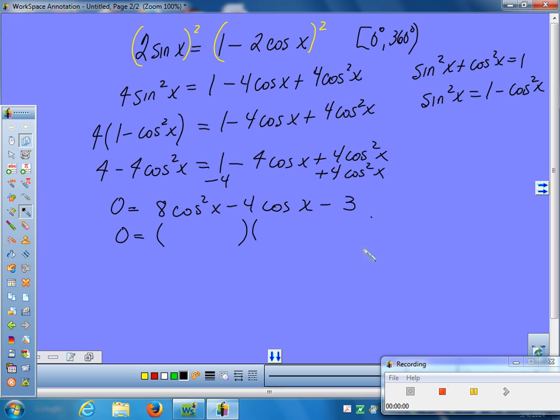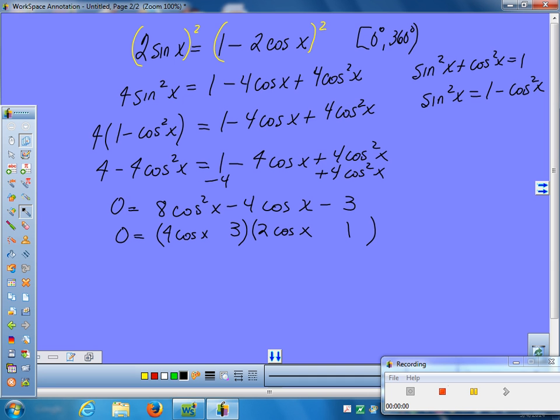Okay, what do you think? 8 and 1 or 4 and 2? 4 and 2. And then I know it's got to be 3 and 1. If I put the 3 out on the back end, that's going to make 12. 12 and 2, that's not doing it. So if I put the 3 on the inside, does 6 and 4 make a 4?